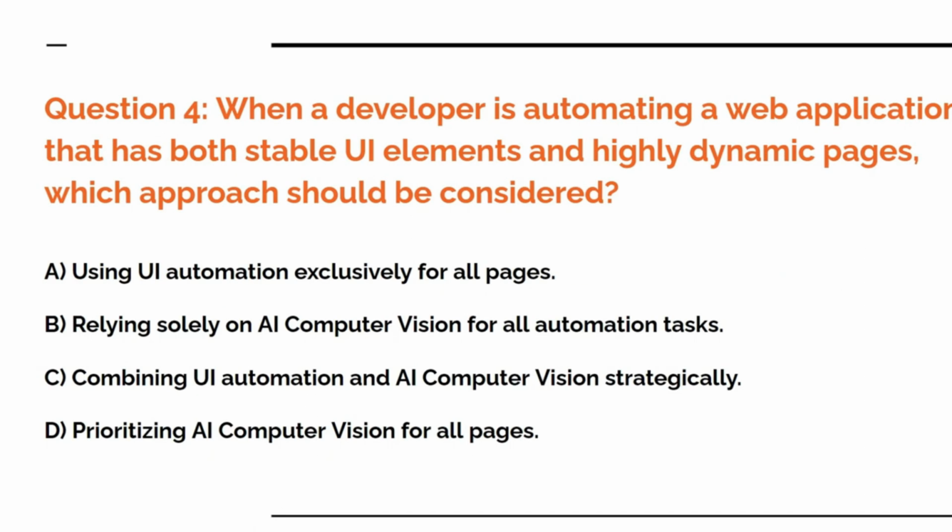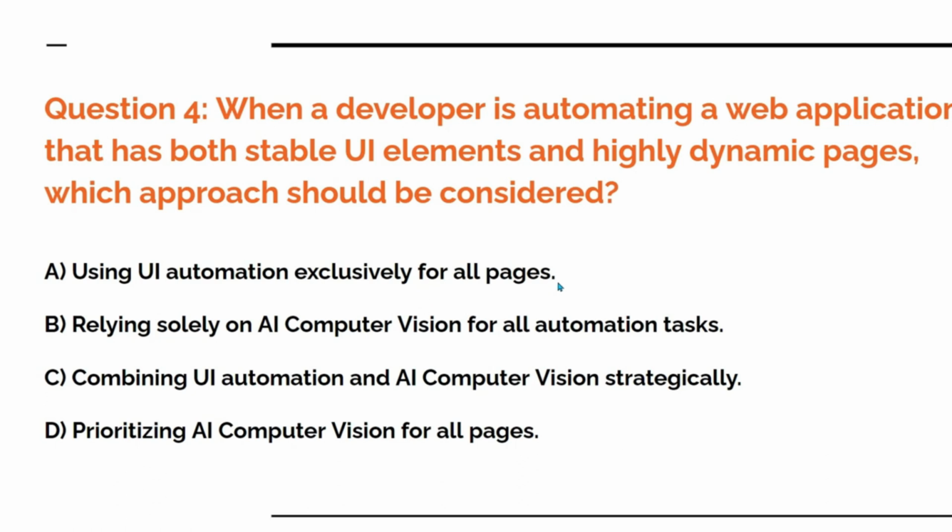All right, let's go with question number 4. A developer is automating a web application that has both stable UI elements and highly dynamic pages. See, it is a combination of both. Which approach should be considered? Options are A. Using UI automation exclusively for all pages.